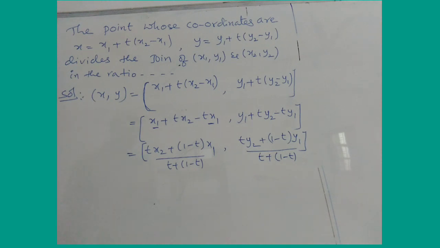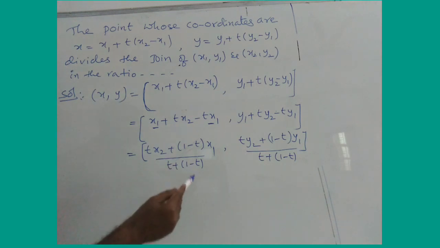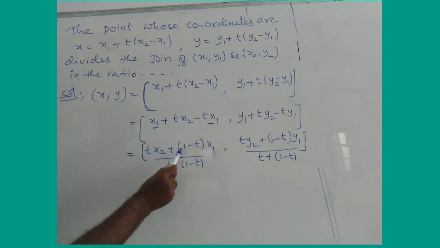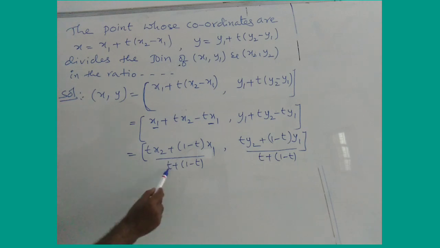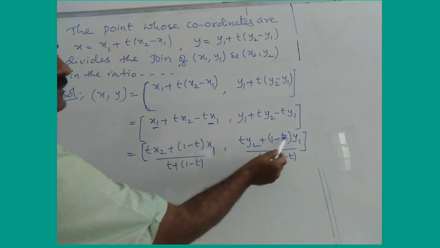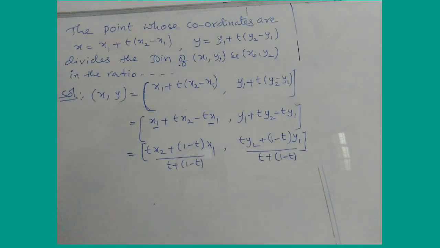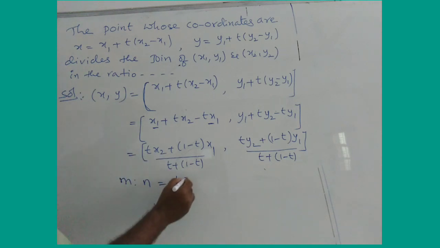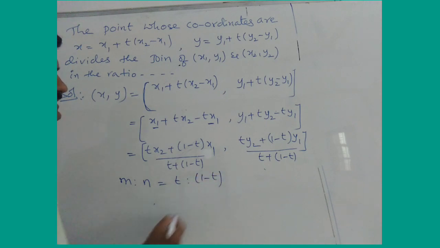Isn't it? So if you observe this is in the form of mx2 plus nx1 by m plus n. Similarly, my2 plus ny1 by m plus n. So therefore, in the place of m and n, we have t is to 1 minus t.